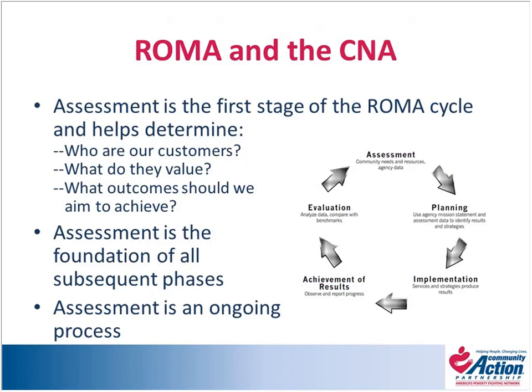It's where the ROMA cycle starts, and that's why your needs assessment is so crucially important, because it really sets the stage and the foundation for everything you do after that, moving into your strategic plan, implementing your programs and services, evaluating the results, and making sure that you feed those results back into the planning process to engage in a cycle of continuous improvement. So the needs assessment process is really a crucially important part of the process because it informs so much of what we do as community action agencies.